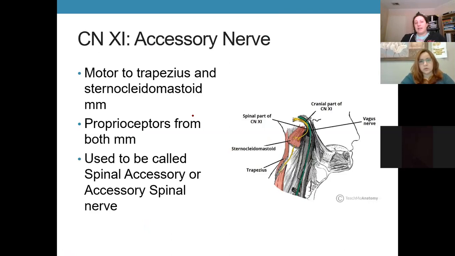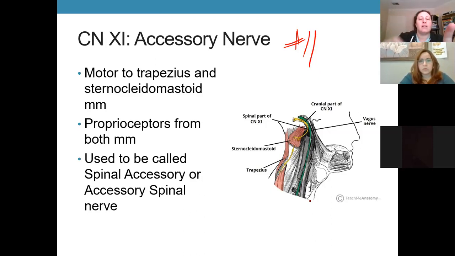All right, so anticlimactic after the vagus, but 11 is the accessory nerve. The accessory nerve just controls the trapezius and sternocleidomastoid muscles. Hopefully you remember the sternocleidomastoid, they're the ones that run right here. And of course the trapezius is that big muscle on your back.